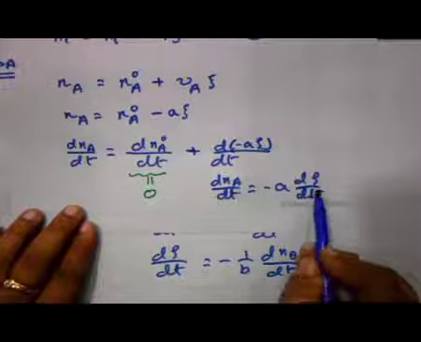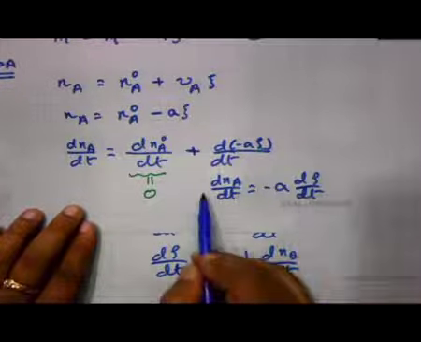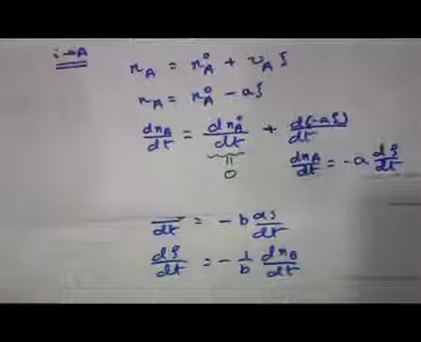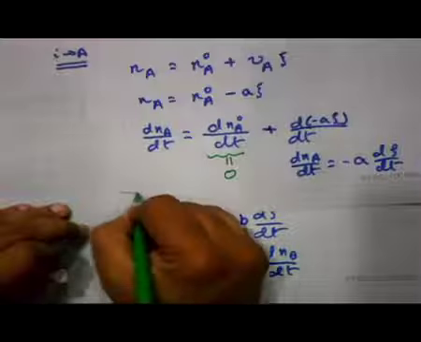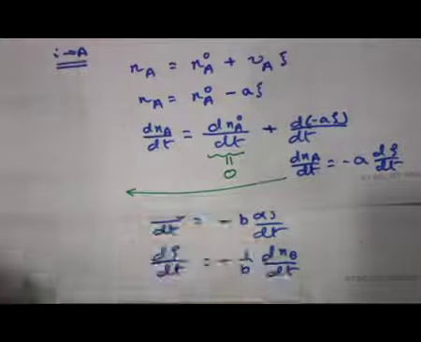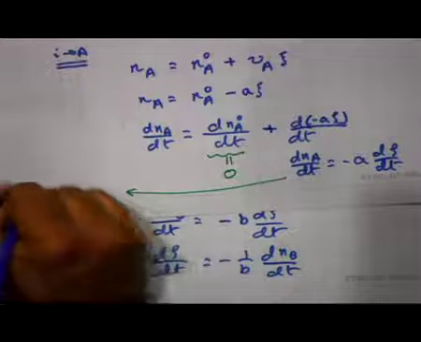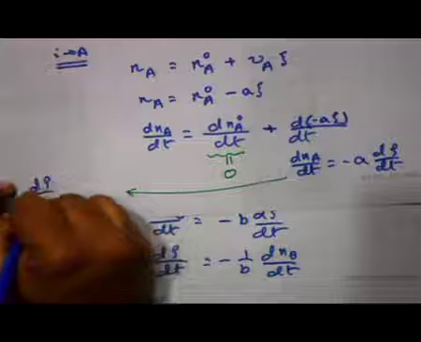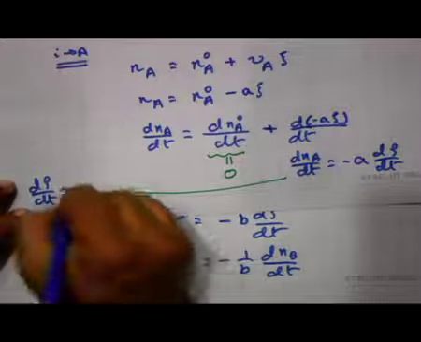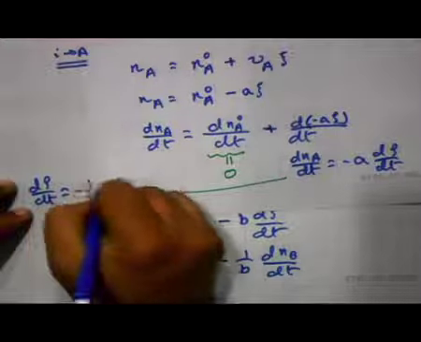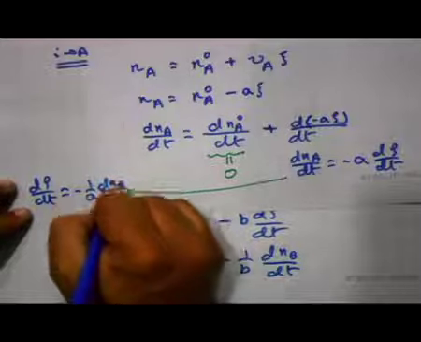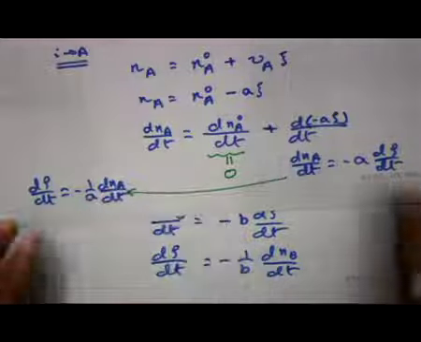Here also you can write d xi by dt is equal to minus 1 by A d n A over d of t. So, let me write this one here, then I can write likewise that d xi over d of t is equal to minus 1 by A d n A over d of t.